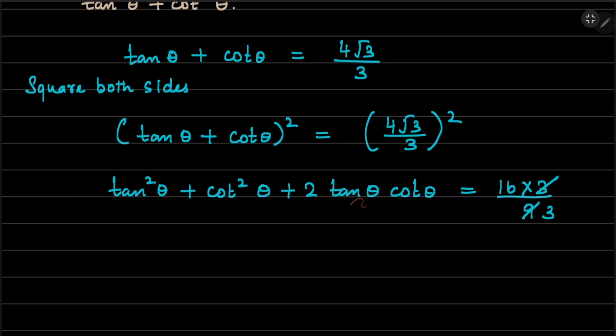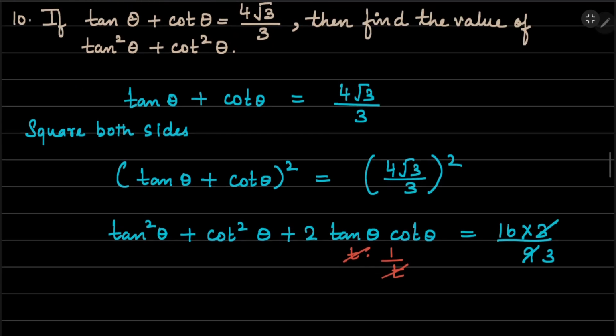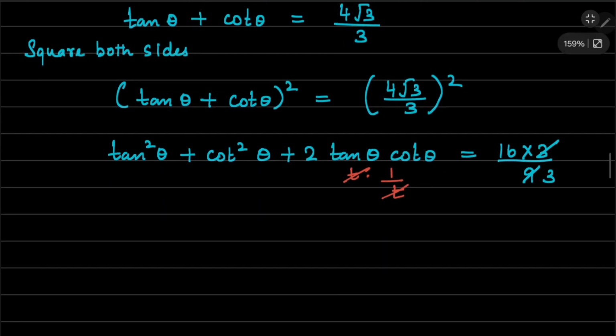This again will get cancelled. See, this is nothing but tan multiplied by 1 over tan, right? This will get cancelled. So what you have here is tan square plus cot square. So that's what we need, right? You have to find the value of tan square plus cot square. So tan square theta plus cot square theta plus 2, because tan and cot, they are reciprocal to each other, right? So that will get cancelled, is equal to 16 by 3.